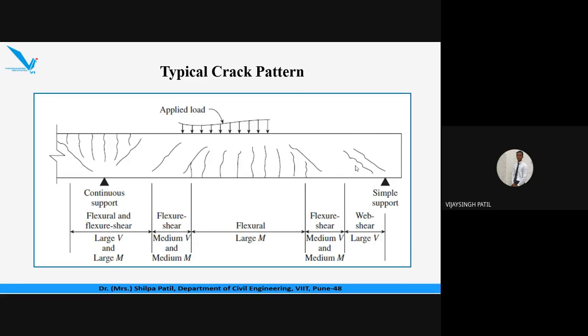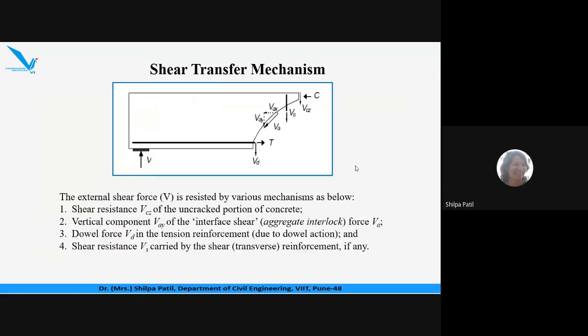Yes, ma'am. Okay. So now let us see how the shear transfer mechanism takes place. This is a particular section taken for a beam, in which a certain amount of main reinforcing steel is also provided and concrete is also provided. How the entire shear force acting on a beam is transferred is explained through this diagram.